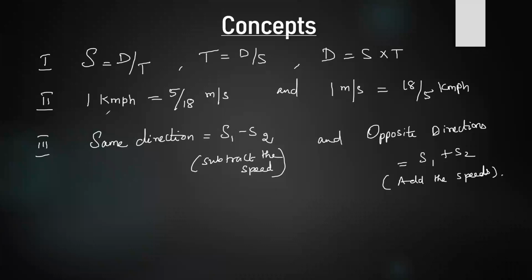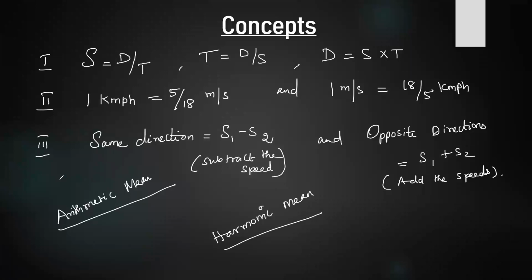Is it clear? Then when will you apply the harmonic mean and arithmetic mean? You remember that? Suppose the question is to find the average speed. When will you apply arithmetic mean and harmonic mean? Arithmetic mean of two numbers is a plus b by 2.